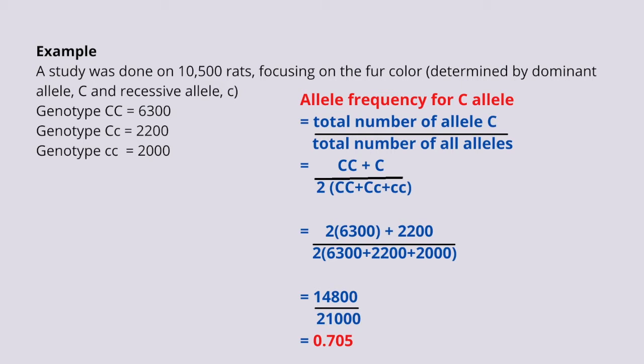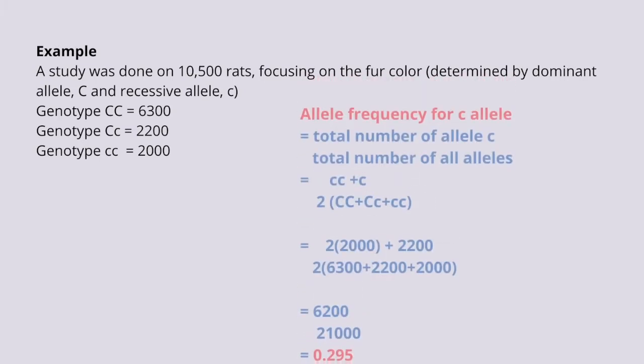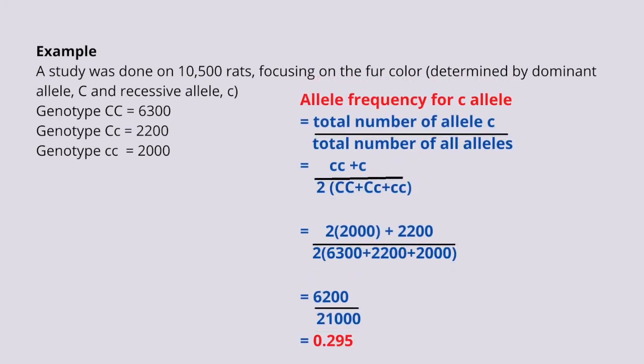That will give us 14,800 divided by 21,000, equal to 0.705.